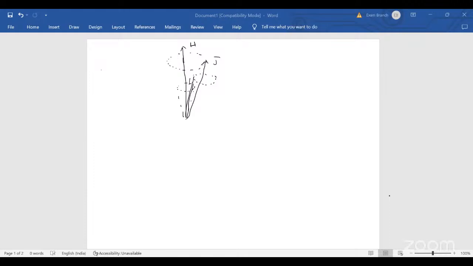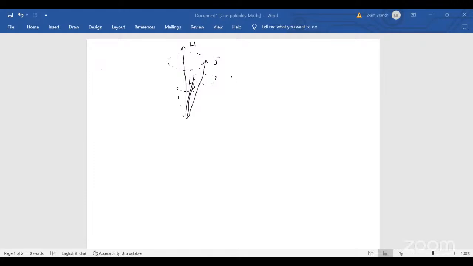As we have seen in this figure, the angles between L, S, J are fixed in the LS coupling. So the cosine terms in the previous equation, Gj is equal to L cos of Lj plus 2 S cos of Sj, we can evaluate. That means the angle with which it is rotating, we can evaluate.